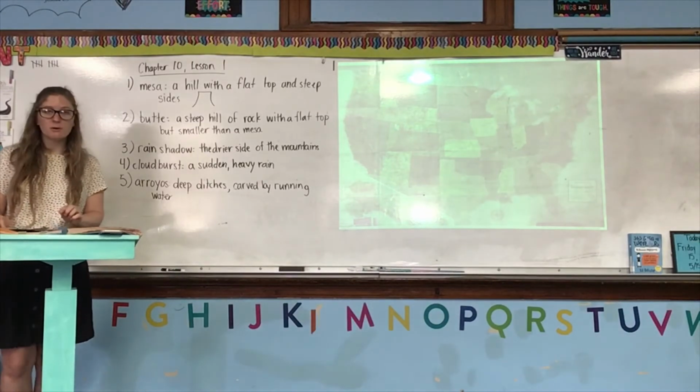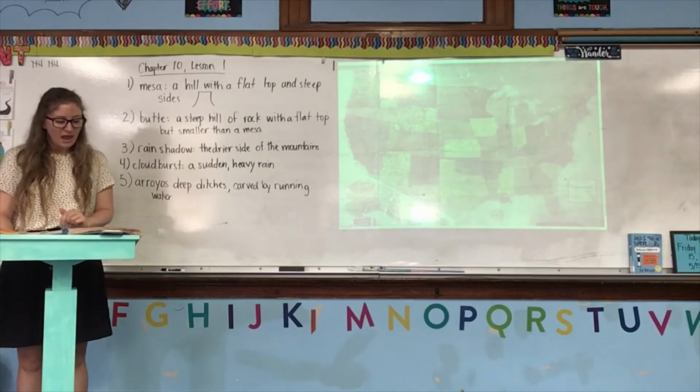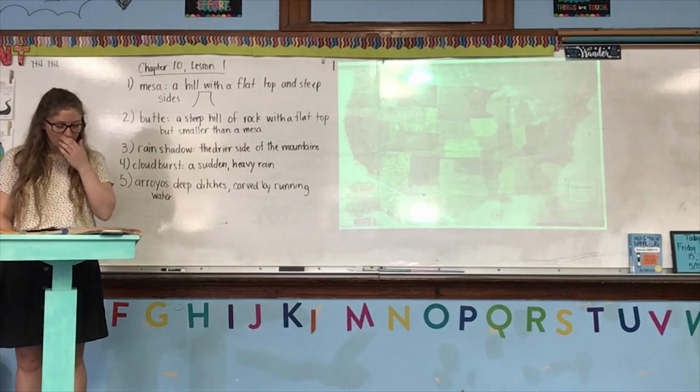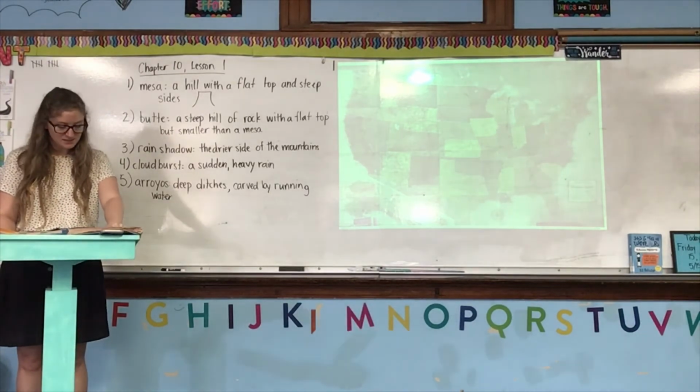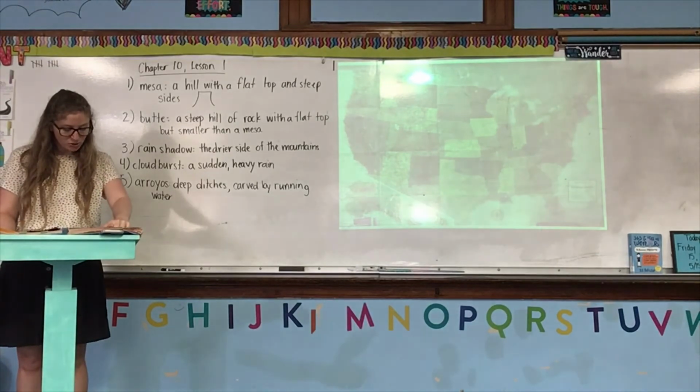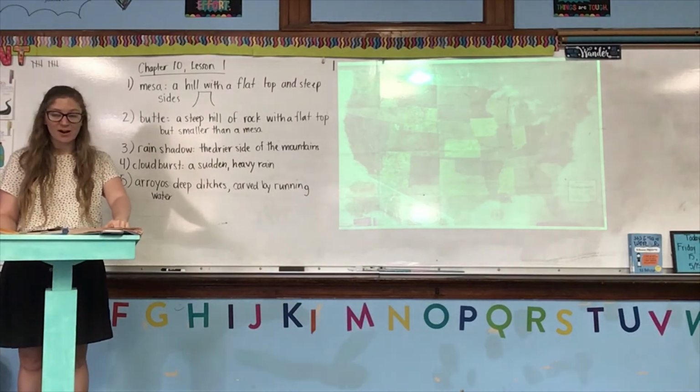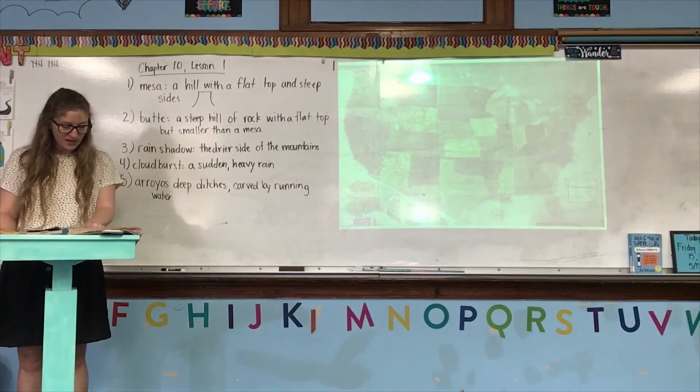So as we go through, I want you to find the number, and then we will name the plant or animal. So in the illustration, number 1 is the saguaro cactus. Number 2 is the Gila woodpecker. Number 3 is the collared lizard. Number 4, that tall one, is the century plant.